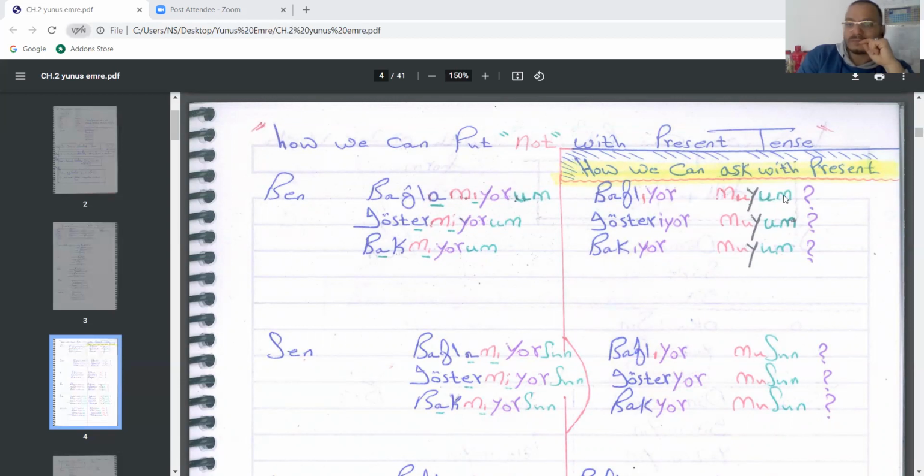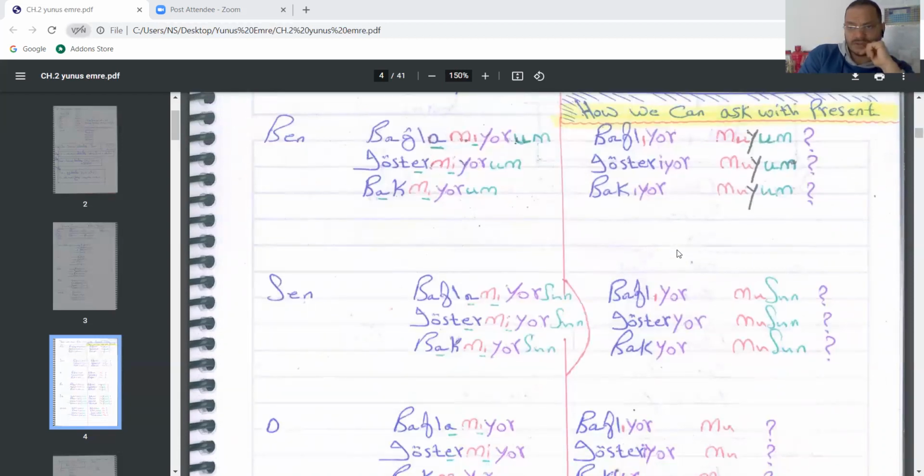To be bağlıyor muyum, gösteriyor muyum, bakıyor muyum. For sen, the same form, just here we put s delta, and because yor is constant, the question tool will be mu, and because mu here is constant, we put u between s and n, to be bağlıyor musun?